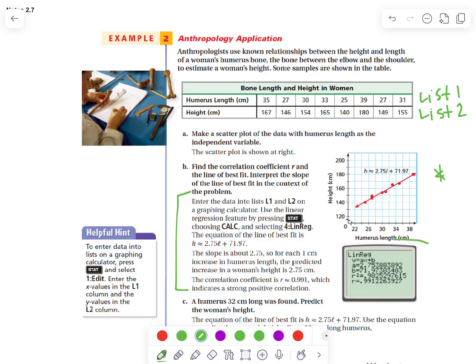This is what the viewing window will look like when we're done, and it gives you y equals ax plus b. The a represents the slope, and the b represents the y-intercept. And then what we want is the correlation coefficient, the r, not the r squared.